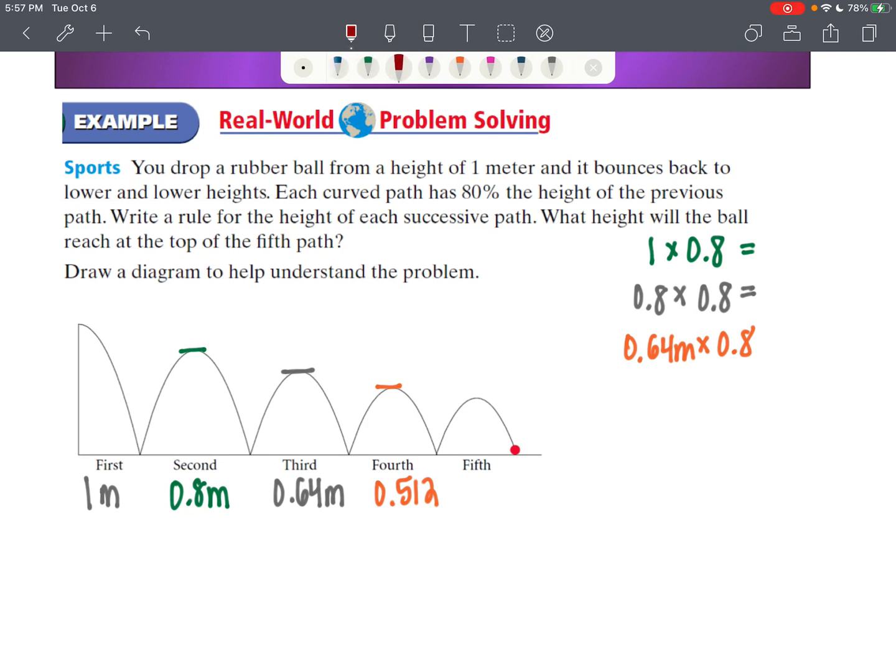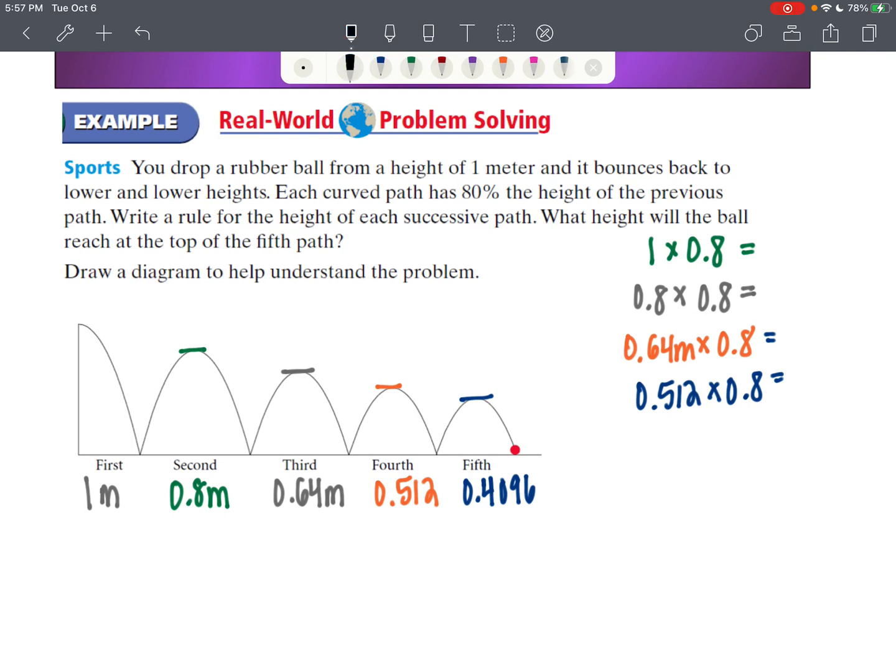The next one is going to be 0.512 times 0.8. Do you see what the common ratio is here? What do you keep multiplying by? Well, you keep multiplying by 0.8. And that's how we're going to get 0.4096. So our height keeps decreasing, right? It's 80% of the previous path.